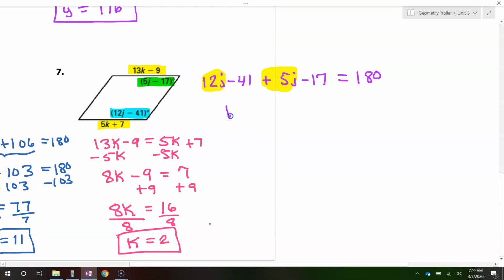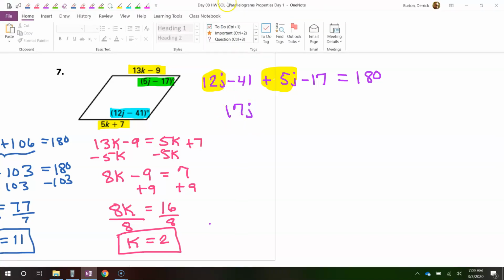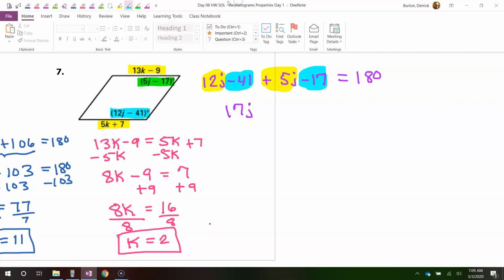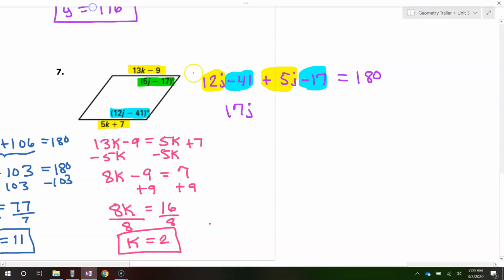So that's going to be 17j. All right, and then of course we can also combine the negative 41 and the negative 17. Okay, so that's going to give us negative 58, and that will equal 180.